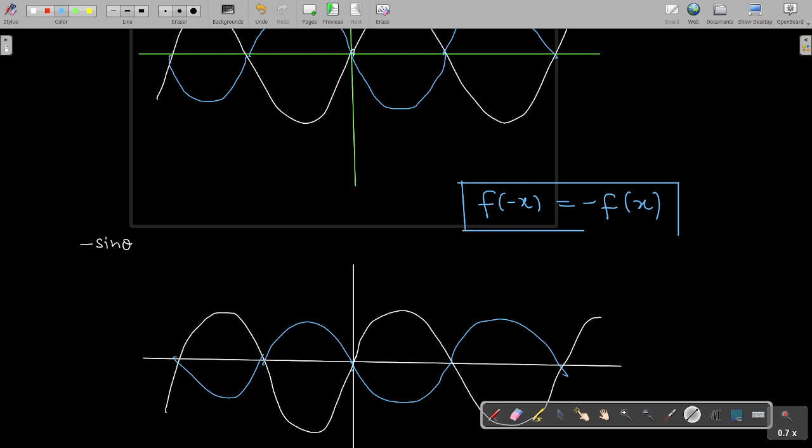Not even functions. Even function was this: f of minus x is the same as f of x. This is minus f of x. It's called an odd function. So sine is an odd function.